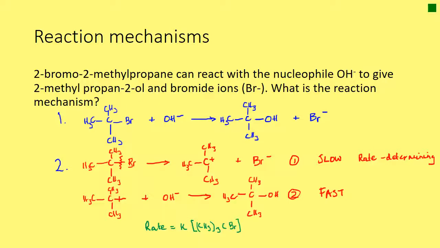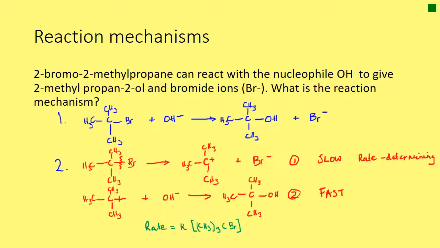And then you would have the hydroxide ion floating around nearby, and that would give you the final product, 2-methyl propan-2-ol, as before. So let's call that step 1 and step 2.